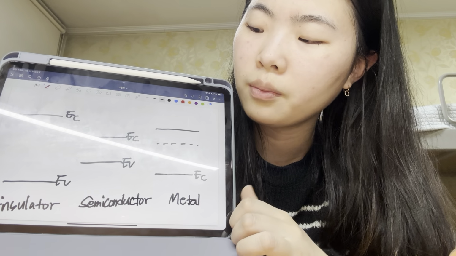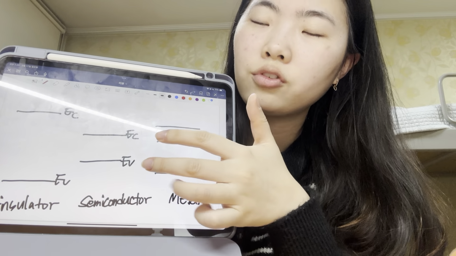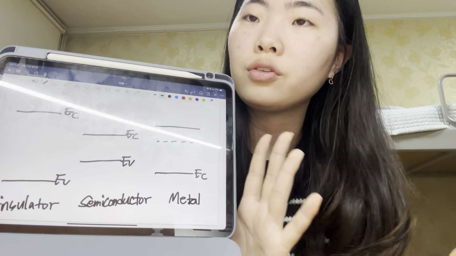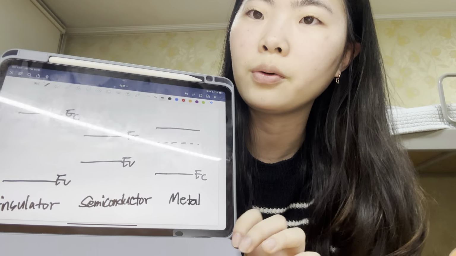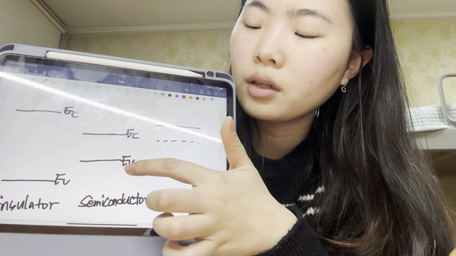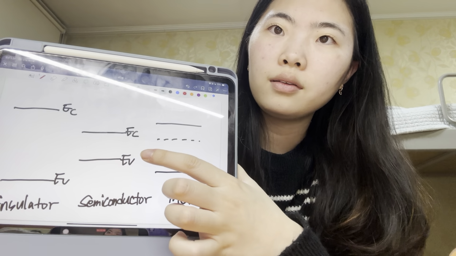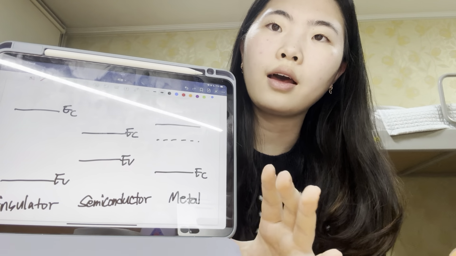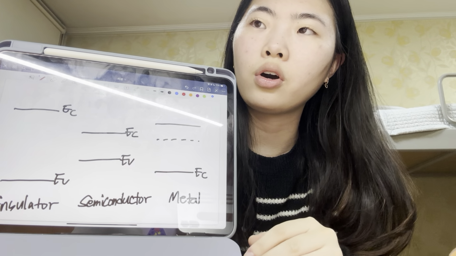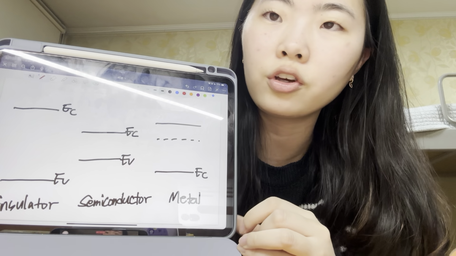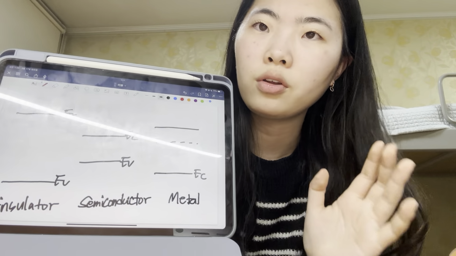If the electrons have enough energy to move up, they can jump up to the conduction band.